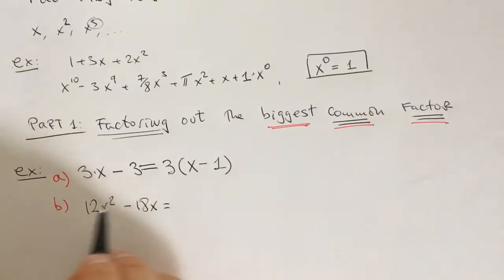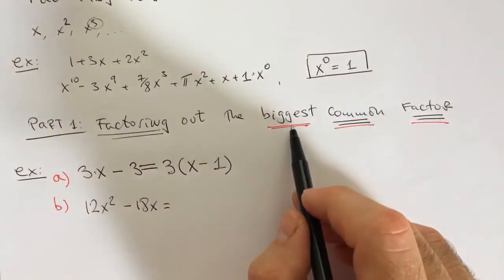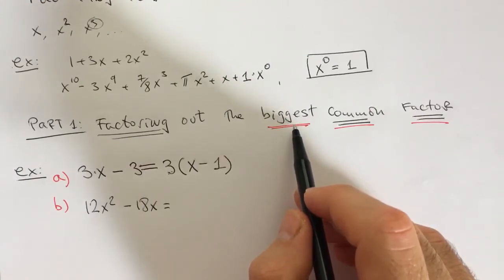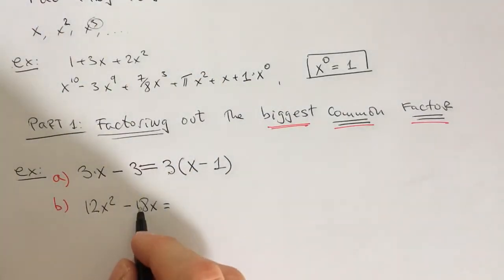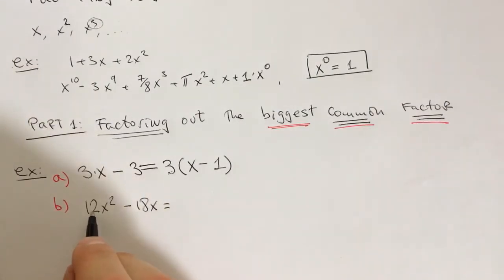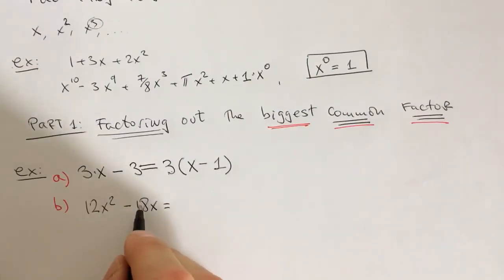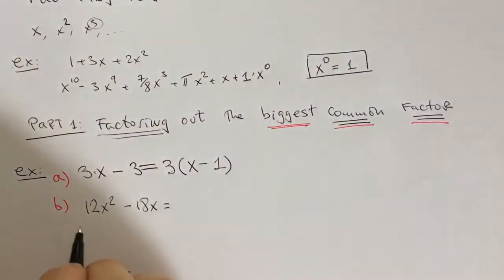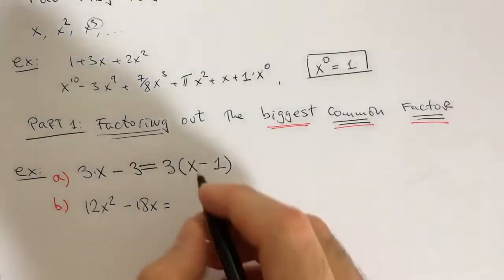Also, both of them are divisible by 3, so 3 is also a common factor, but I'm looking for the biggest one. If it's divisible by 2 and by 3, then it's definitely divisible by 6, right? So 12 divided by 6 is 2, and 18 divided by 6 is 3. So the biggest common factor of 12 and 18 is 6.